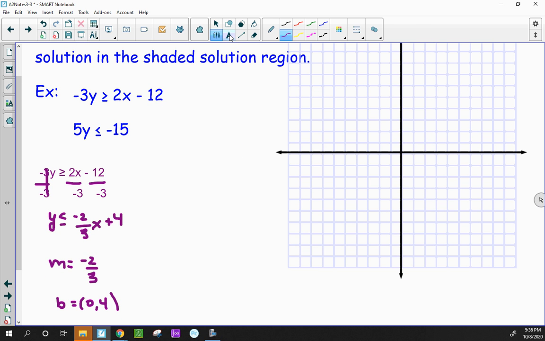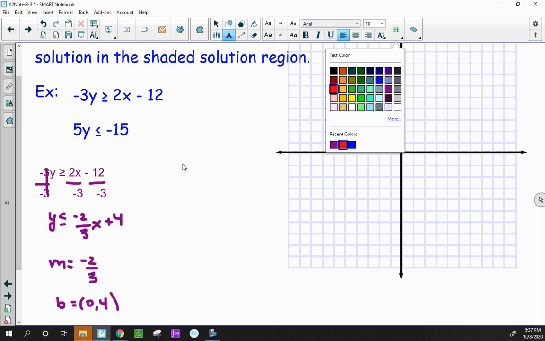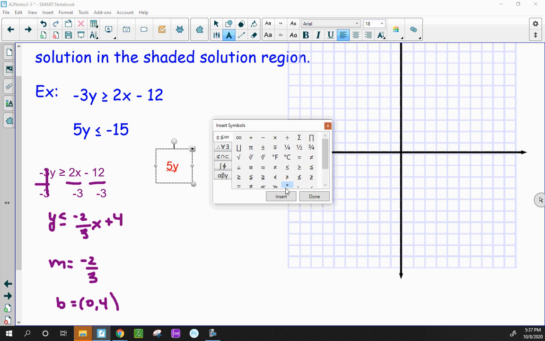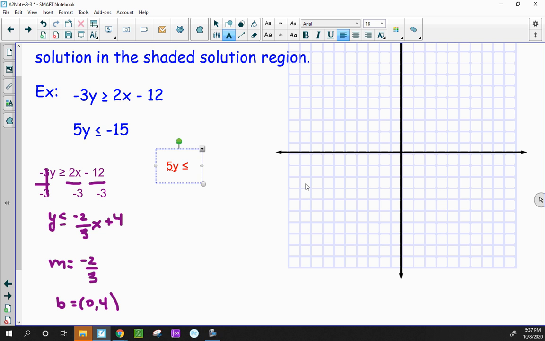Alright, and then we're going to move to the second inequality. This one here, it's 5y, and that one is less than or equal to negative 15. In this problem, I do not see an x, and so it's a one variable inequality.